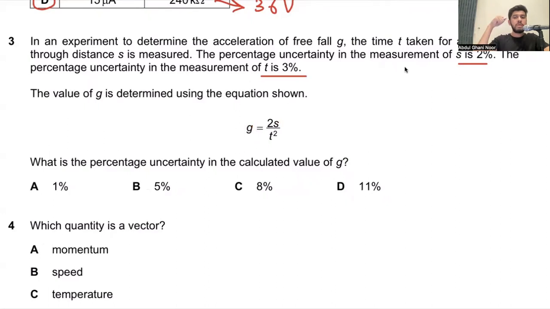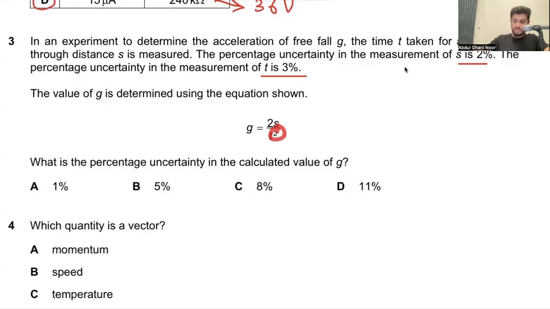When two quantities are being multiplied or divided, their percentage errors get added up, not their absolute errors, their percentage errors. And anything that's in the power gets multiplied to that percentage error. So the total percentage error in g equals percentage error in s plus 2 times the percentage error in t. Where does the 2 come from? This 2 is basically the power, t squared. And what do we get?